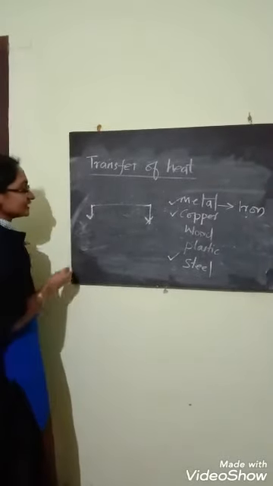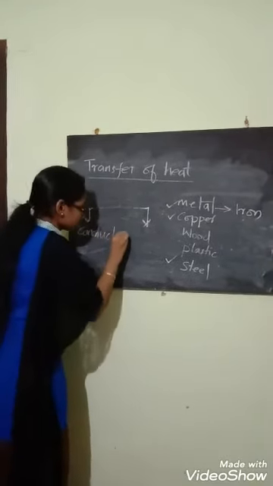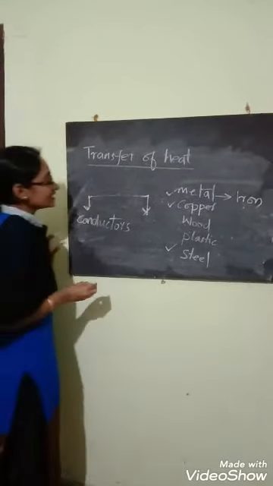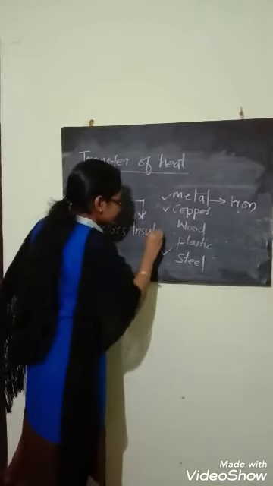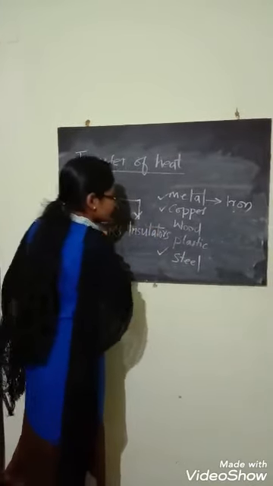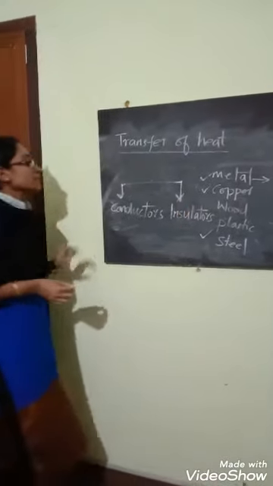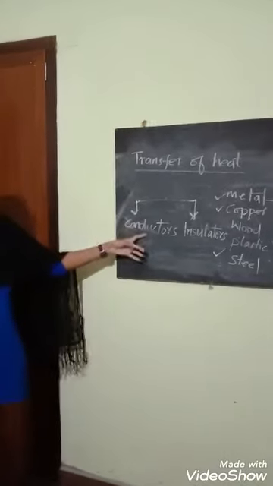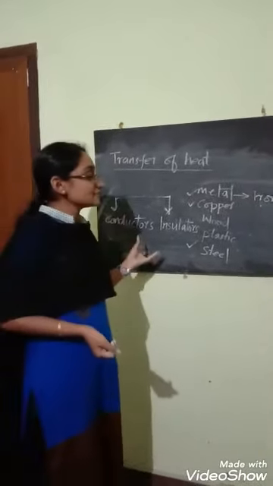The first one is conductors, and the second one is insulators. So what is a conductor? Conductors are the substances which transfer heat.